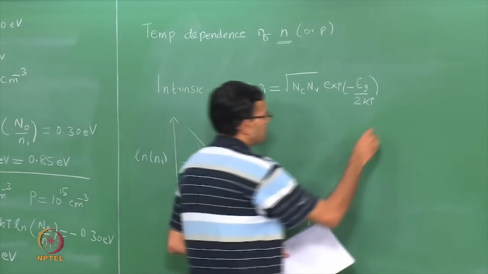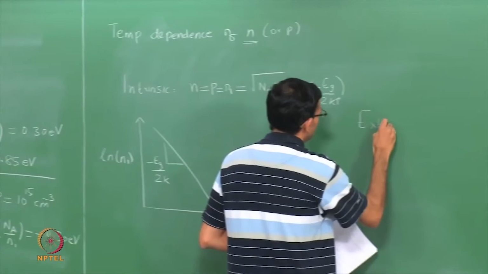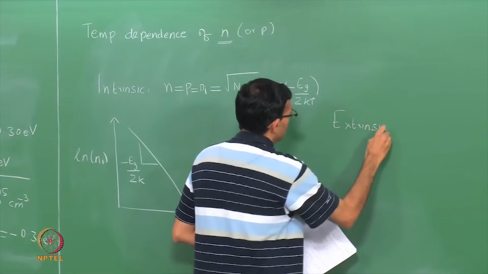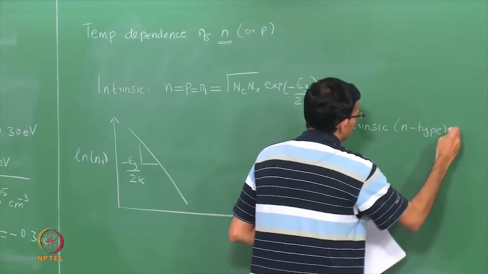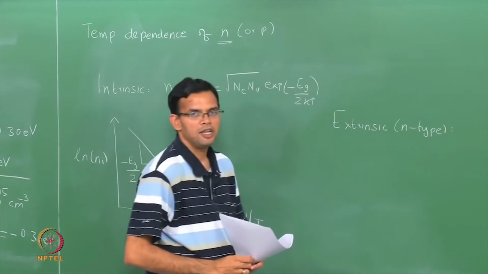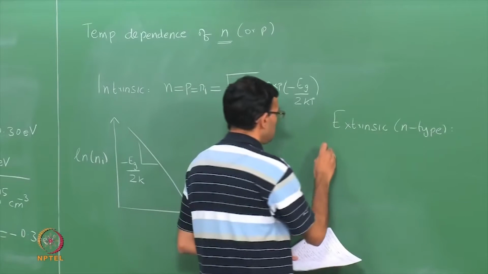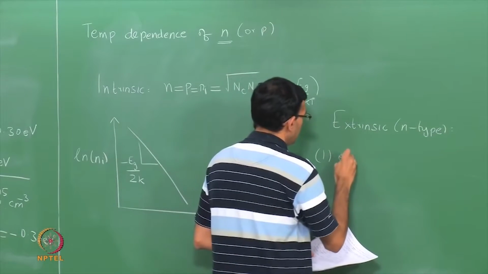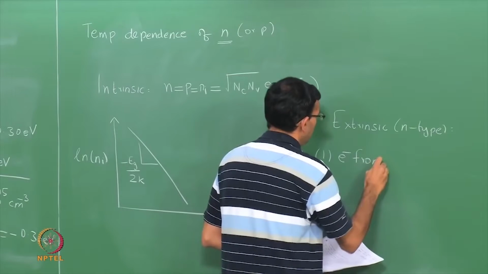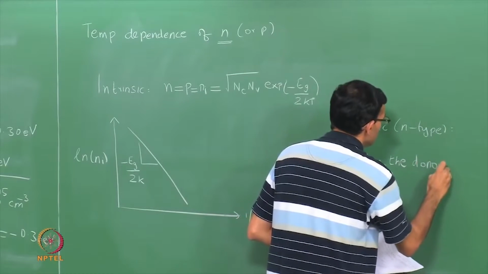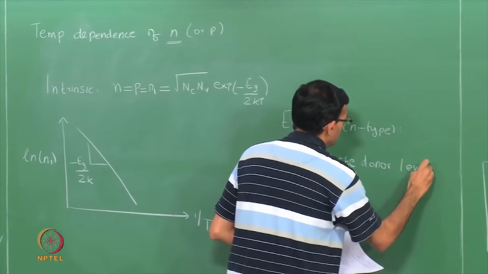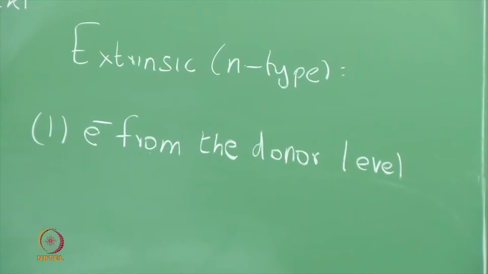In the case of an extrinsic semiconductor, again that is an N type, you have essentially two sources for the electrons. You can get the electrons from the donor level. Remember, the donor atoms each have one more electron than the silicon, that is why it is an N type.